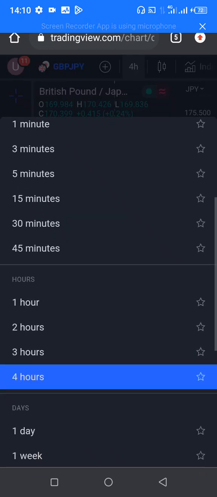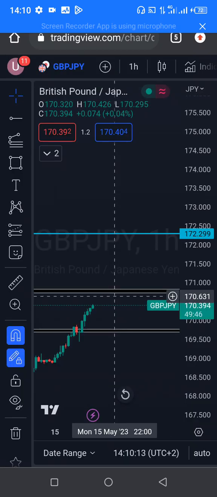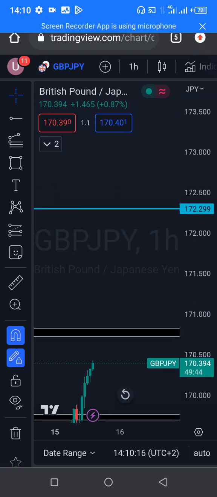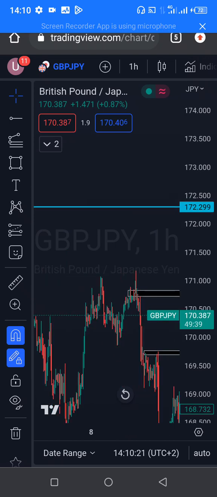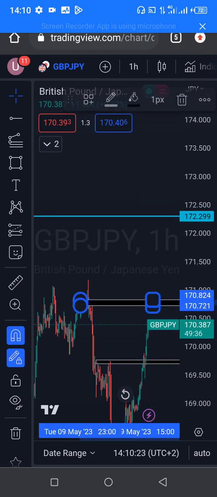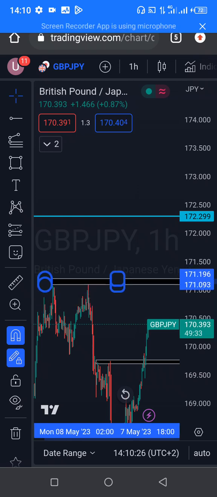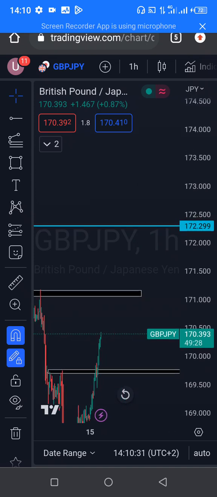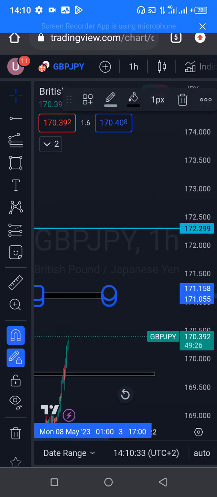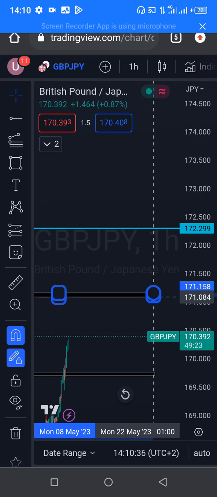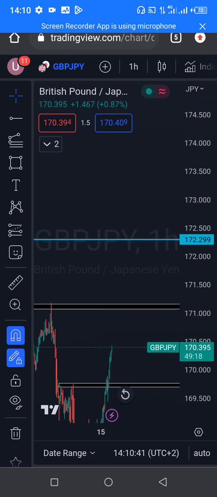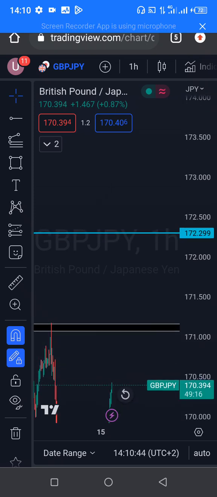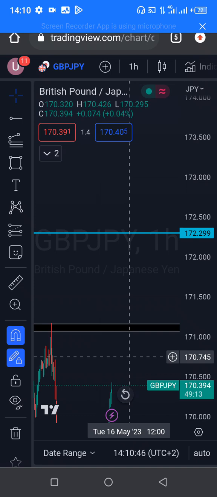So let's go to our 1-hour time frame. For our 1-hour time frame, let me fix my, yeah, this one makes a lot of sense. I'm going to wait here.